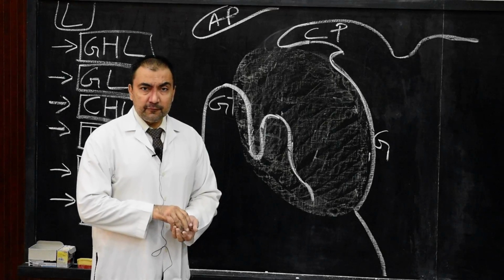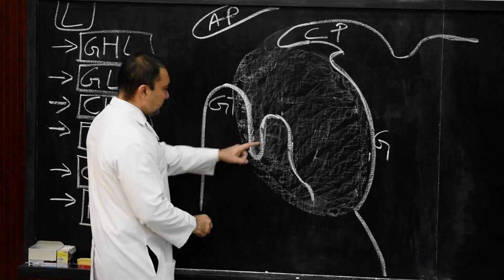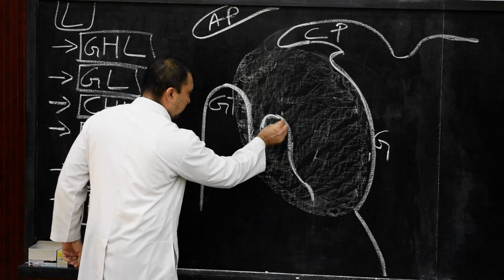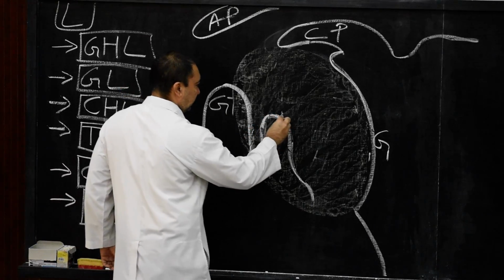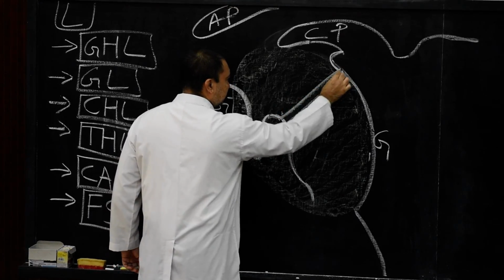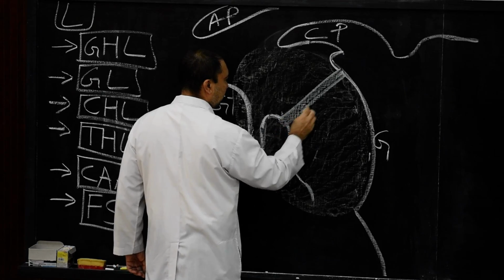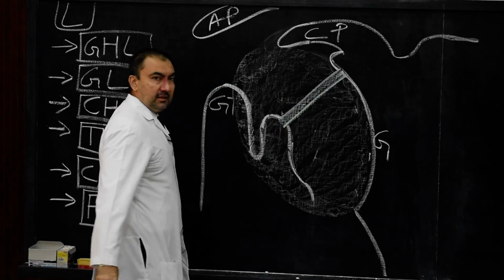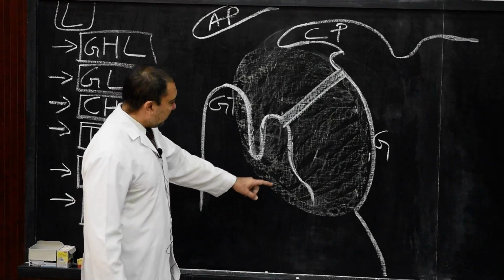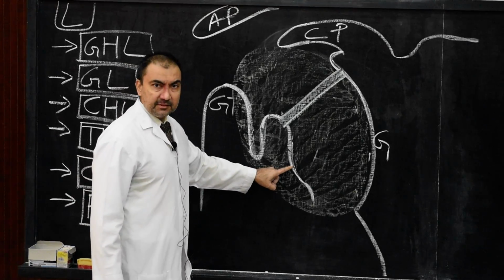The superior band of glenohumeral ligament will be attached to upper border of lesser tubercle, so it will be attached in this way. This is where the superior band is attached. Here I am drawing the superior band. Middle band of glenohumeral ligament will be attached to the lower border of lesser tubercle.